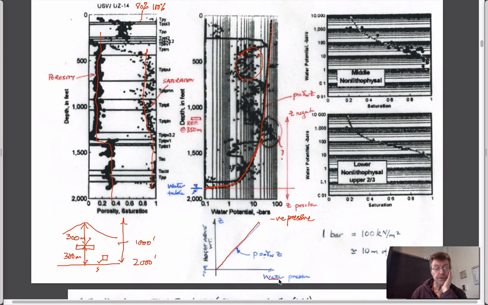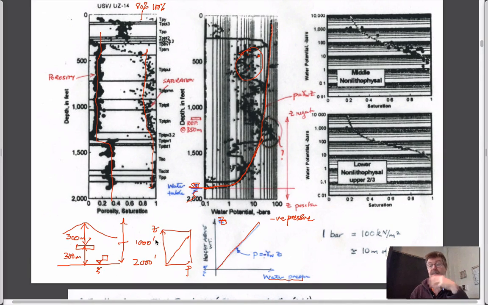If you looked at water pressure versus the height above the aquifer underneath it, this is the aquifer which is at this depth here. If you did it on a natural scale, this would be water pressure and this would be elevation.